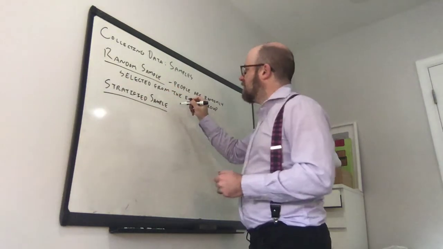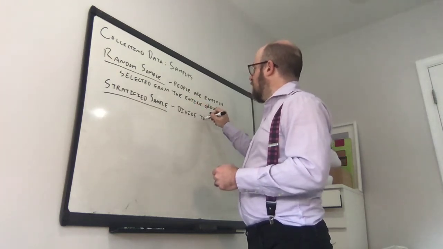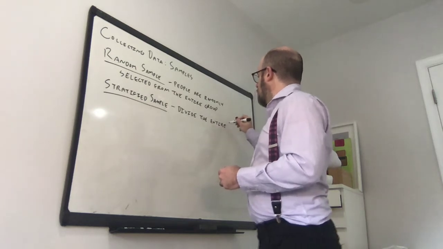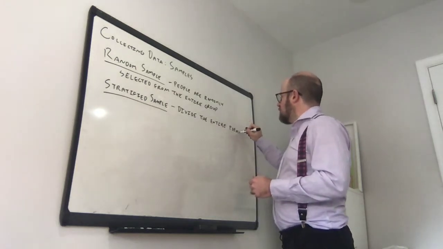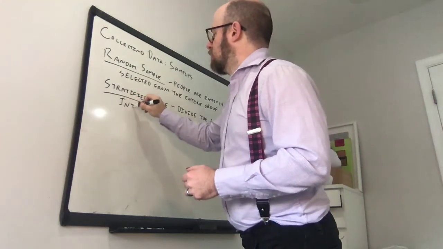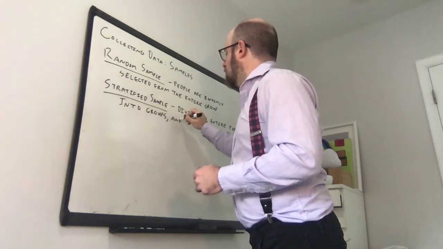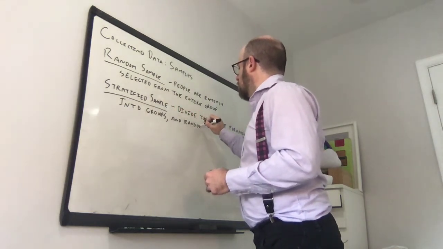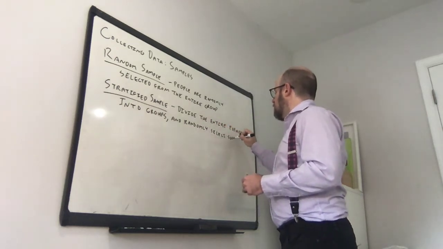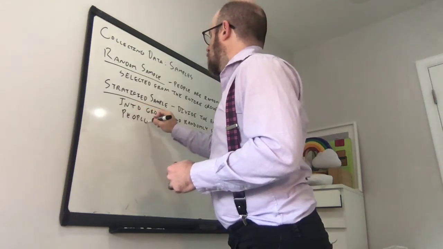In a stratified sample, you divide the entire population into groups and randomly select some people from each group.